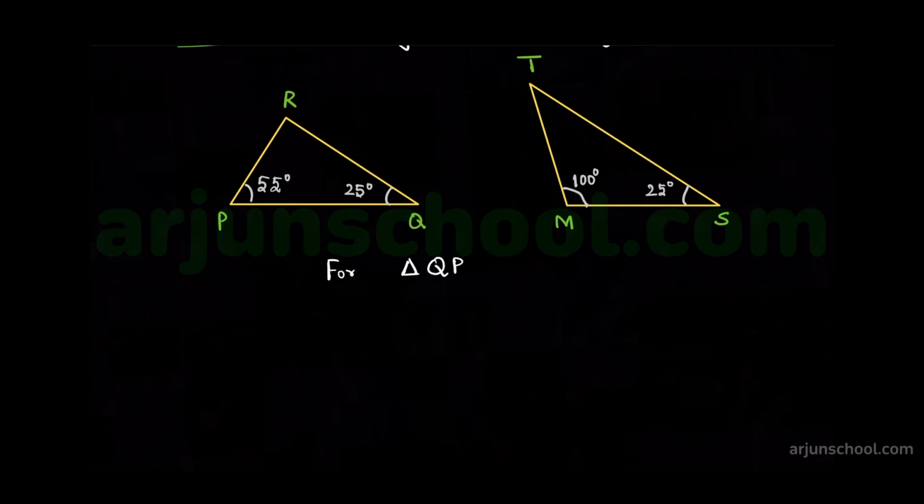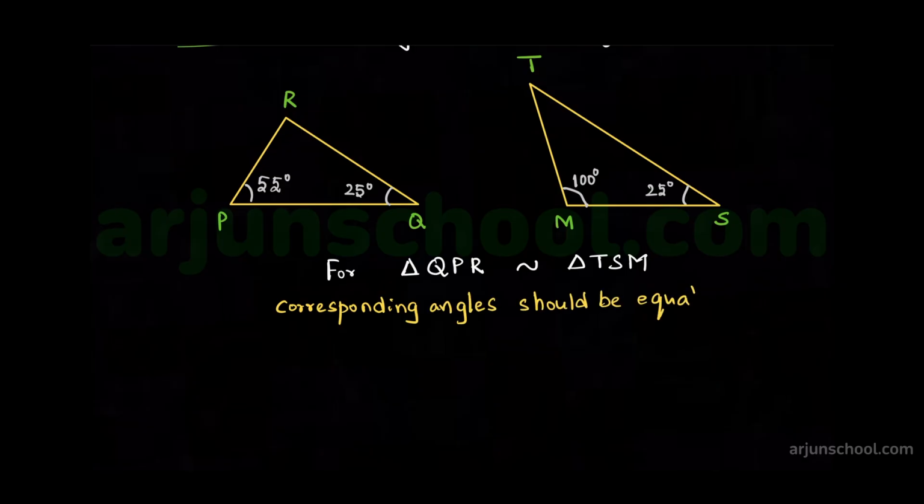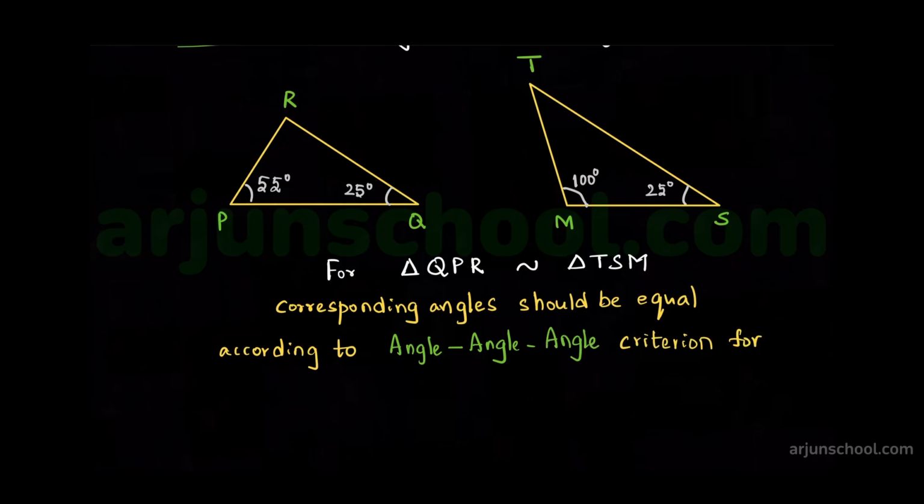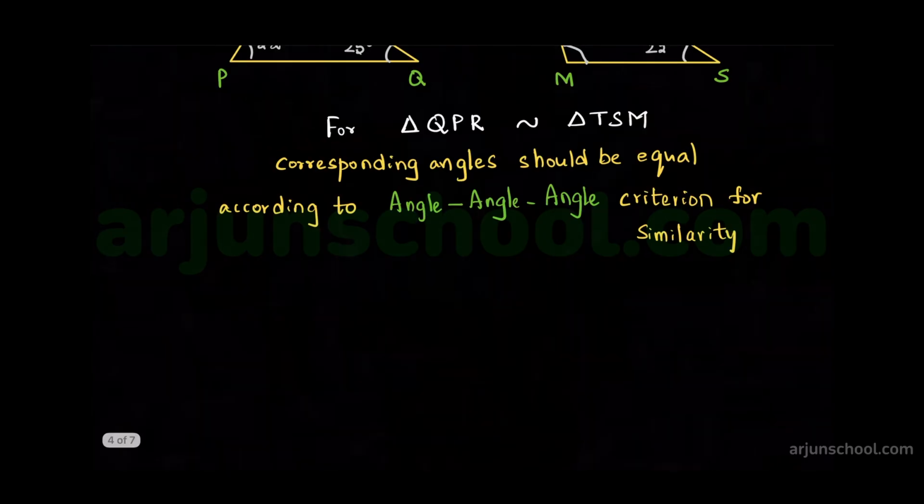Now, for triangle QPR to be similar to triangle TSM, corresponding angles should be equal, according to the angle criteria for similarity of triangles. From the question, we have to check the similarity of triangles QPR and TSM.